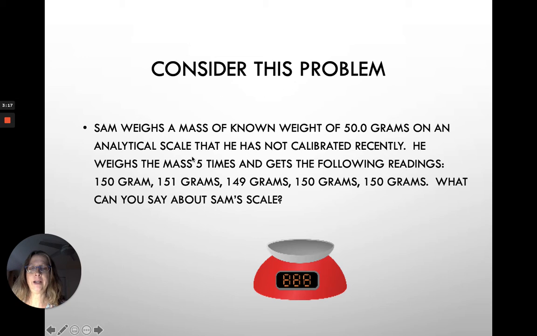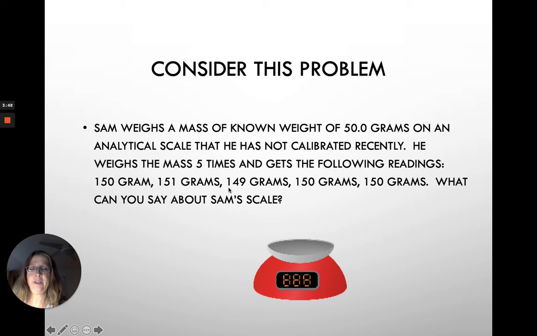Well, let's look at it. I'm supposed to have a mass of 50 grams. That's the weight that we know our calibration weight is. Now, the scale he possibly suspects is out of calibration. So he puts the weight that he knows is 50 grams on, and he gets 150 grams. Then he puts it on again, and he gets 151 grams, and then 149, 150, and 150. Well, is that scale accurate?